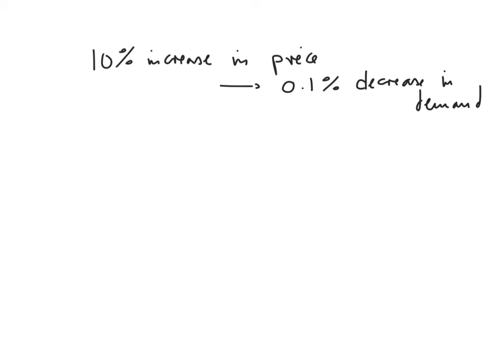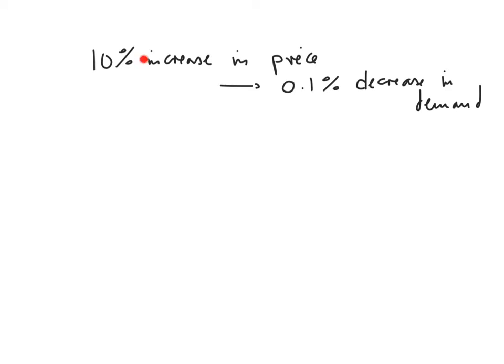So to write it again here, a 10% increase in price leads only to a 0.1% decrease in demand. There you see the inelasticity of the demand in this case. So you could increase the price quite a bit, relatively, and not feel much of an effect in decreasing demand.